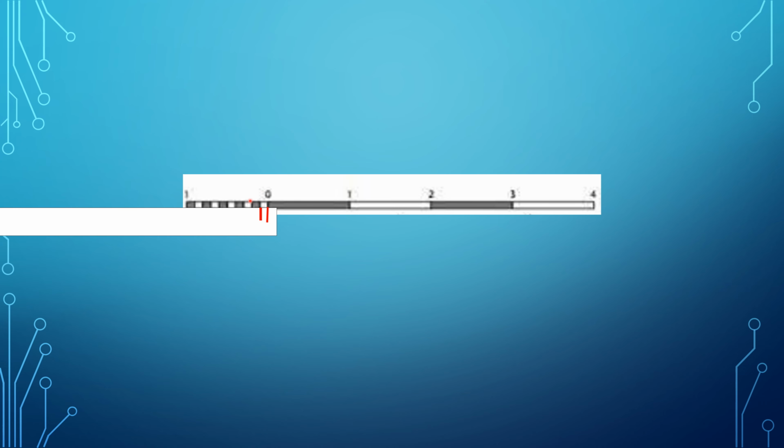Then we have 200 meters right here again, 300 meters, 400 meters. You get what I'm talking about, right? 500 meters, exactly where the colors are separated, those are the marks. 600 meters, 700 meters, 800 meters, 900 meters, 1000 meters.